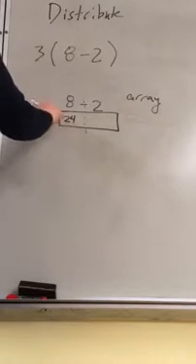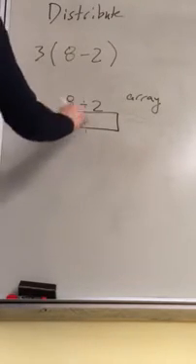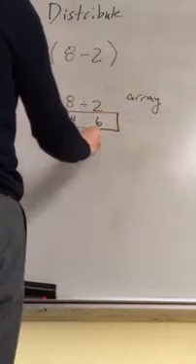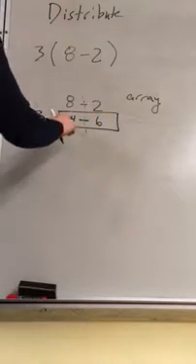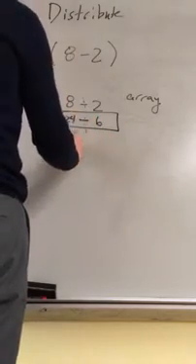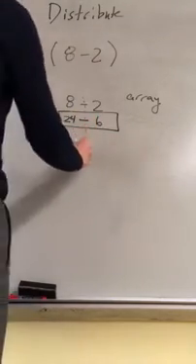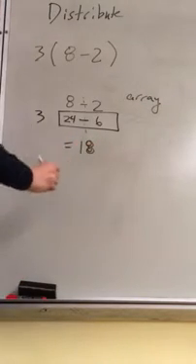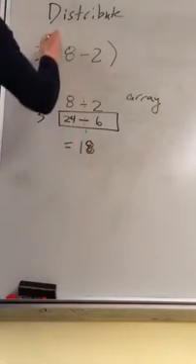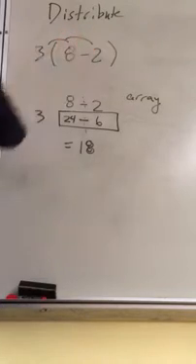This is a product of 3 times 8. Then 3 times 2, that's 6. And the minus sign comes down. So now we have 24 minus 6, which equals, you guessed it, 18.